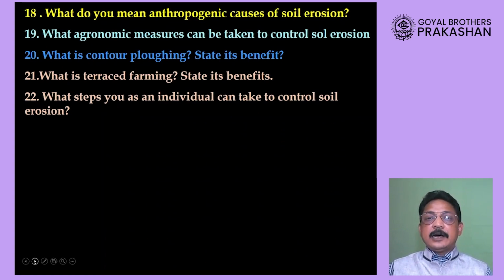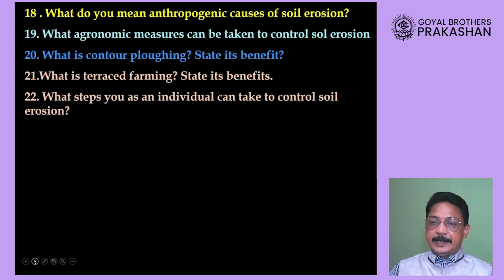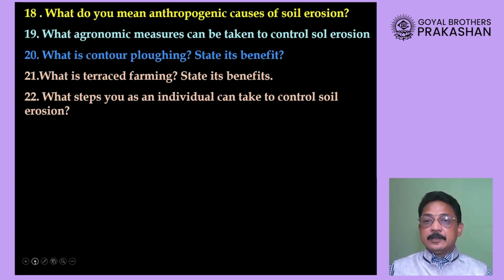Then, what are agronomic measures that can be taken to control soil erosion? Agronomic measures means, dear students, the measures taken during agricultural activity. Our answer will be: first, carrying out contour plowing. Point number two, constructing shelter belts around the cropped area. Point number three, carrying out strip cropping.